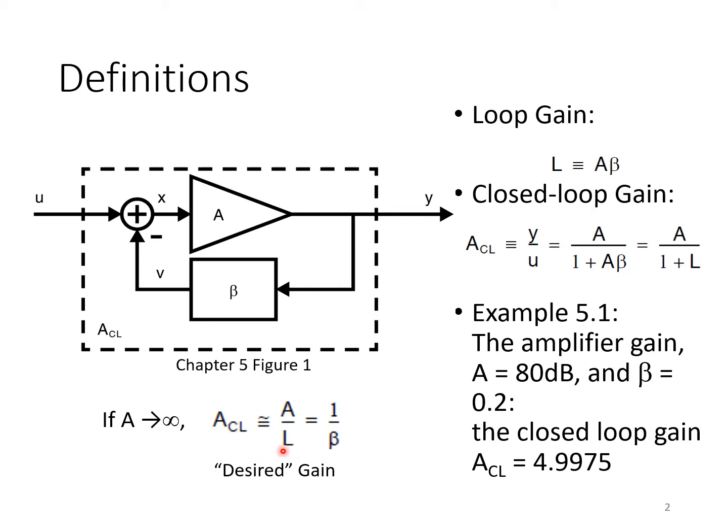There's no need to find A directly. So that can be a useful trick to keep in mind. Here's an example taken from the book, example 5.1, where we consider an amplifier with an open loop gain of 80 dB, a feedback factor of 1/5, and we see that the closed loop gain is in fact very, very close to 1 over beta, very, very close to 5.